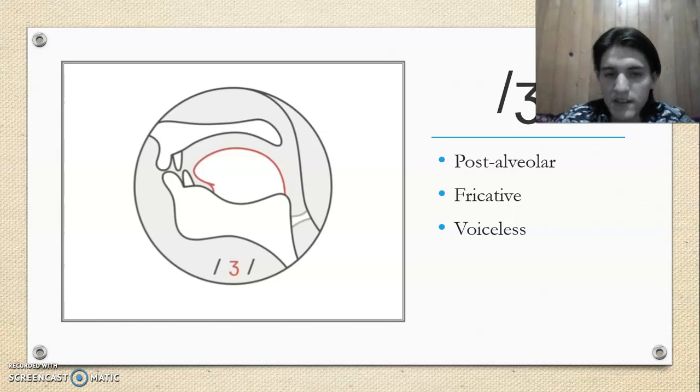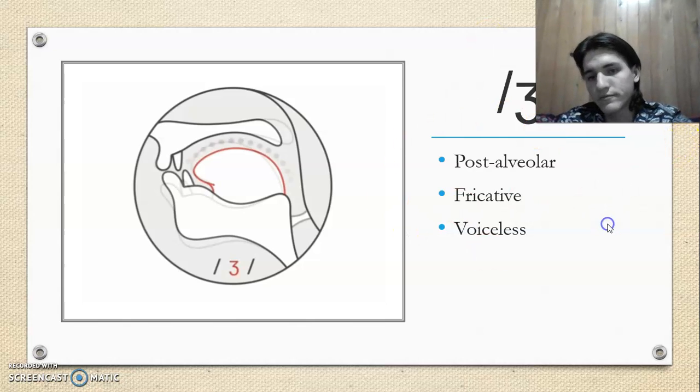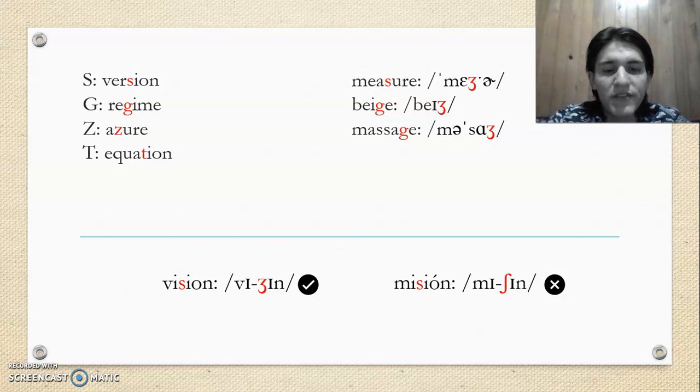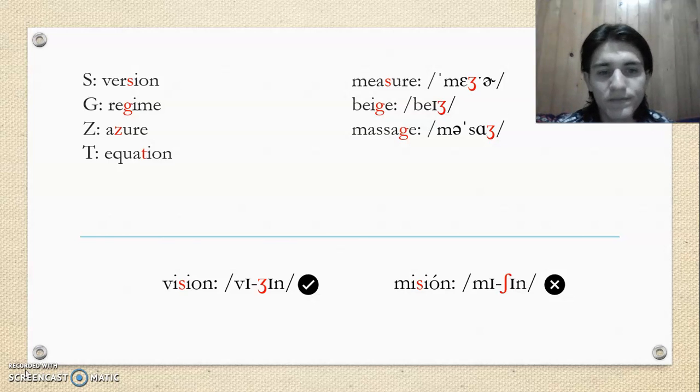I mean, there are examples. Well, it can be different words. It can be an X in words like version. It also can be a G in regime, a C in answer, and a T in equation.